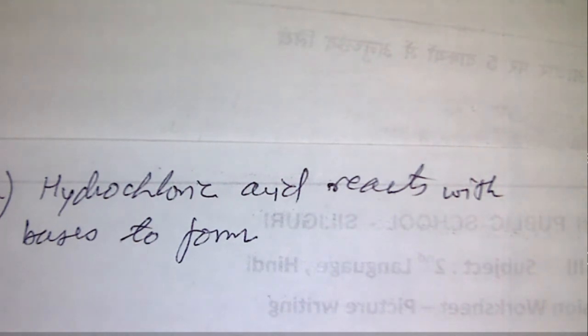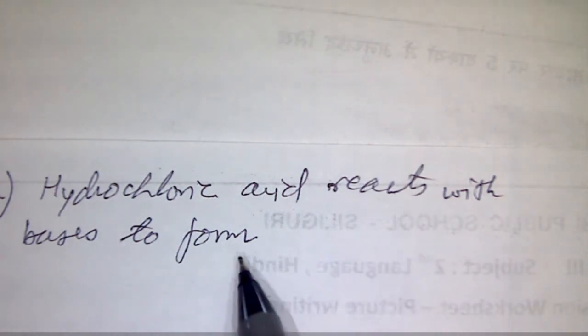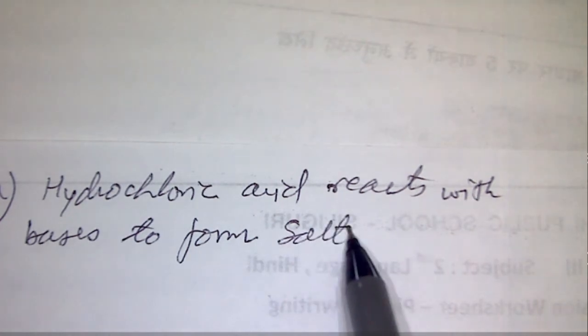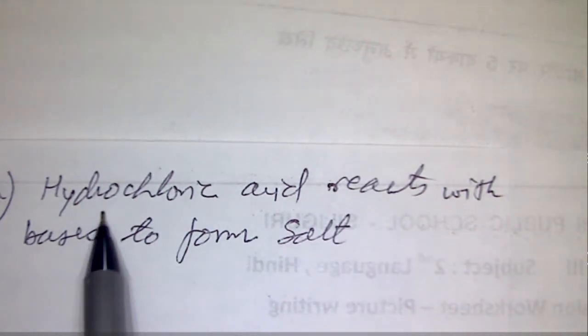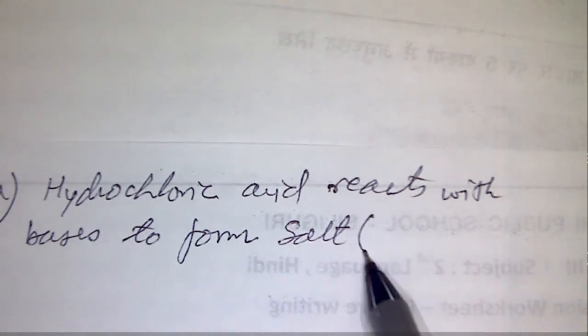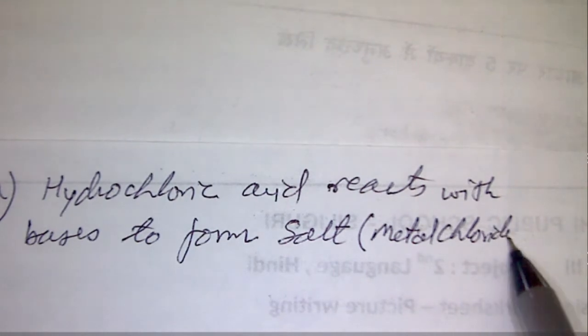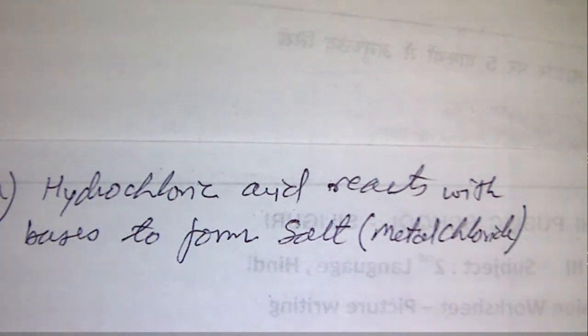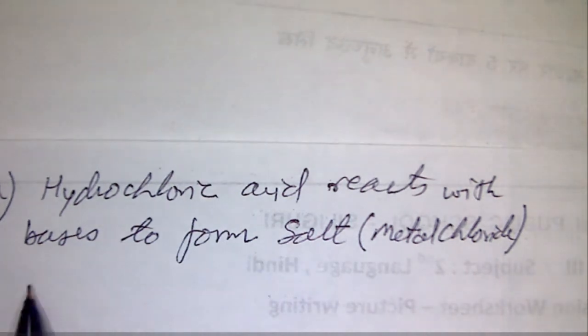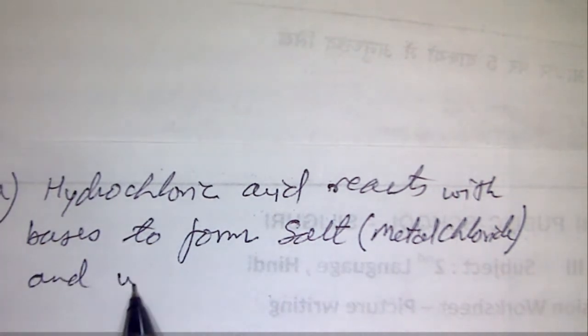You should be knowing by now. So acid is reacting with a base, so it will form salt and water, isn't it? Now here I'll specify the salt because our acid is specific, hydrochloric acid. That salt will always be metal chloride, because our acid is fixed. So it forms metal chloride and water.